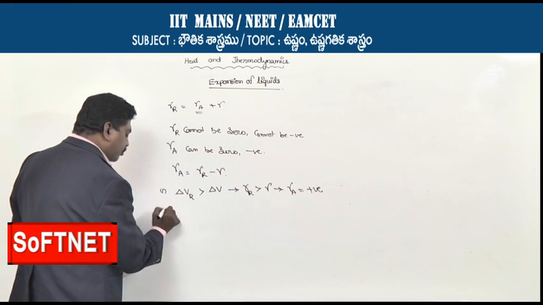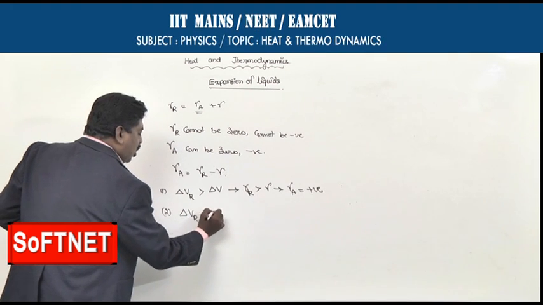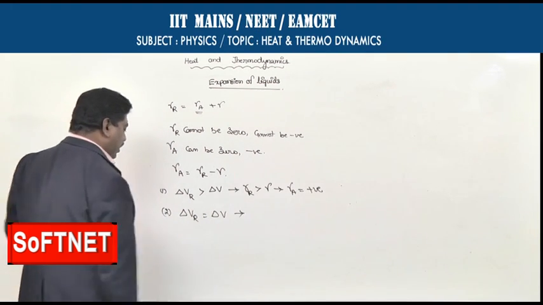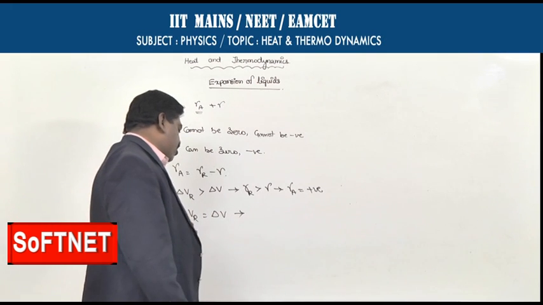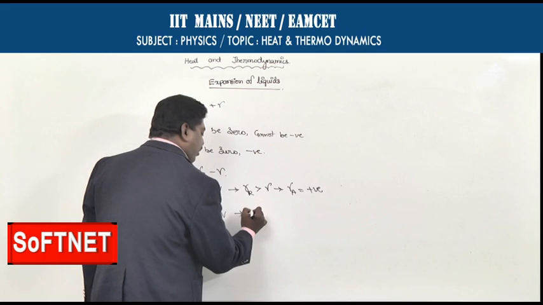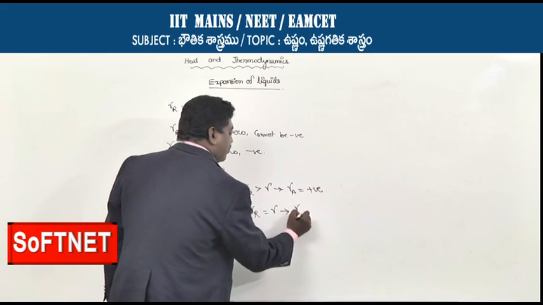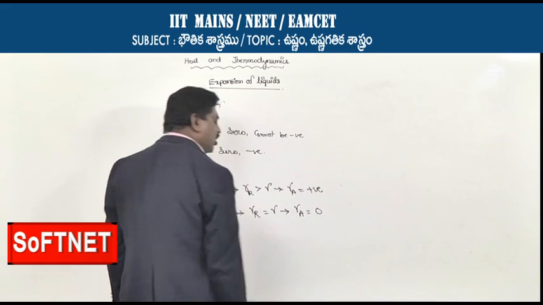Second thing, delta VR is equal to delta V, like the volume expansion of liquid is equal to the container expansion. In that case, gamma R equals gamma, which implies gamma A has 0 value.